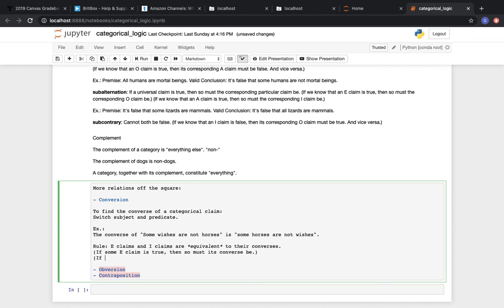Or if we know that some I claim is true, then so must its converse be. And the same thing for false, right? If we know that some E claim is false, then its converse must also be false.